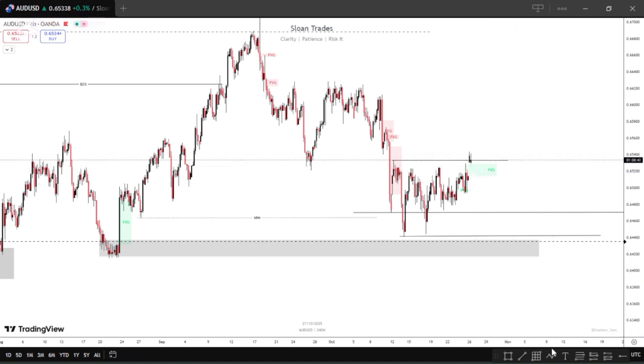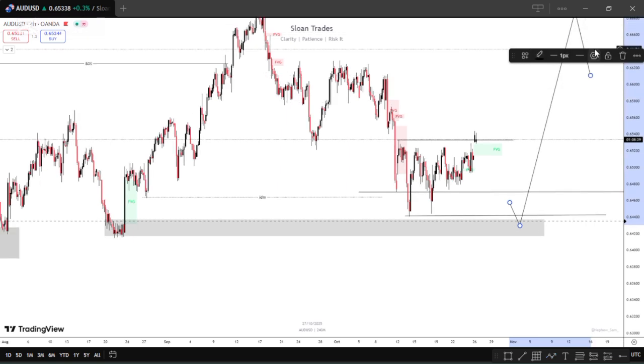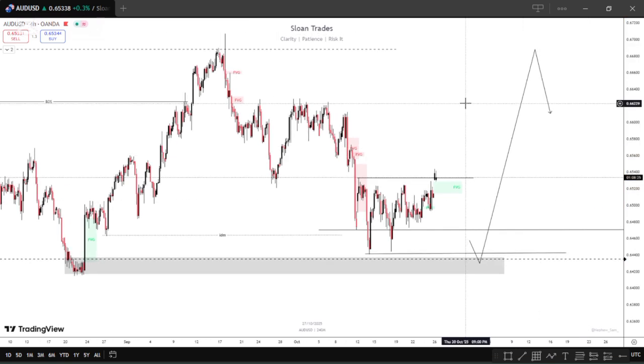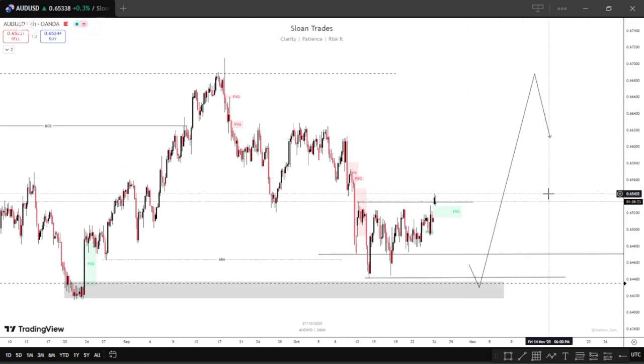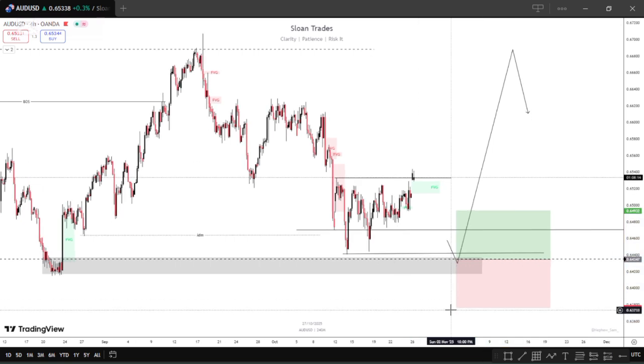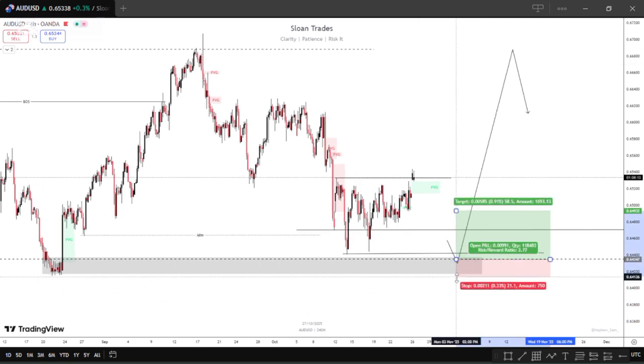Once the market comes back down into this entry, into this key level, then I'll take my entry to the upside. All right, so this is the first trade I have my eyes on for this week, and catching this position should be kind of a 10-hour trade, and it's going to be a swing trade.